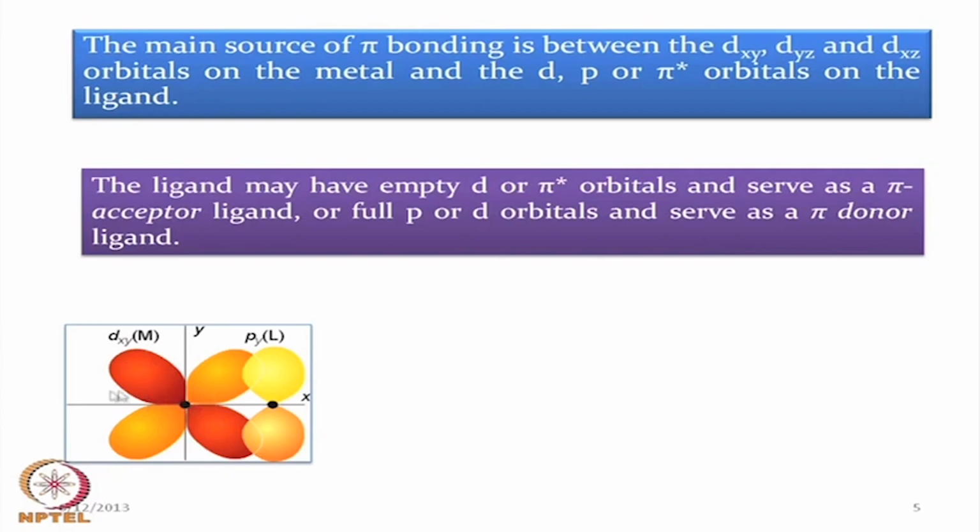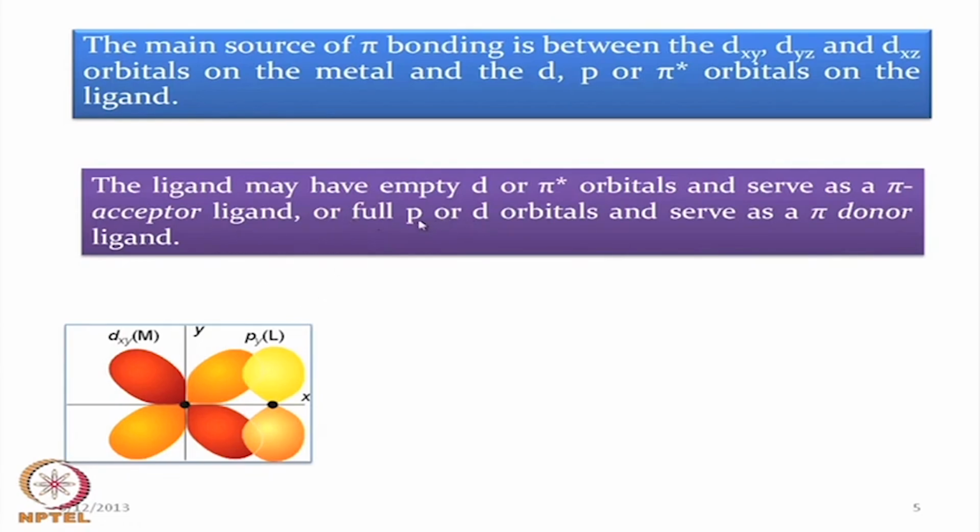This is the positive lobe and these two are the negative lobes, with matching symmetry from the py side also, with the positive lobe as well as the negative lobe for the matching one.